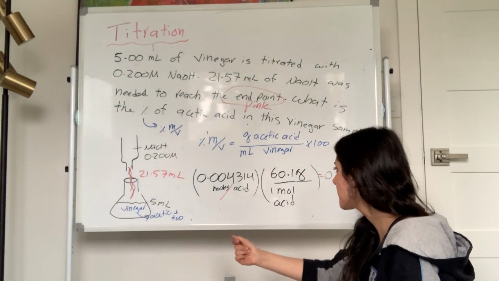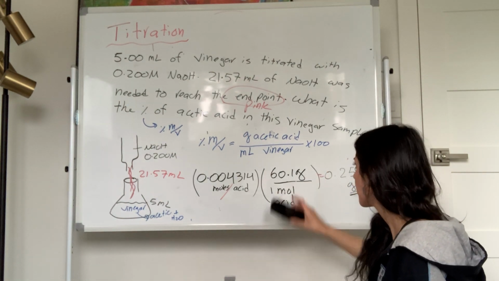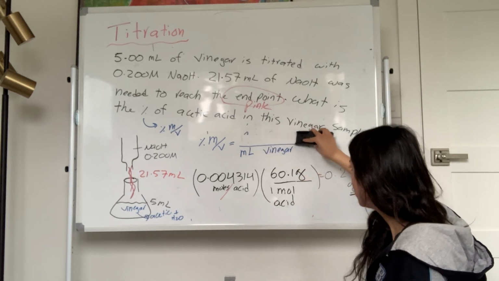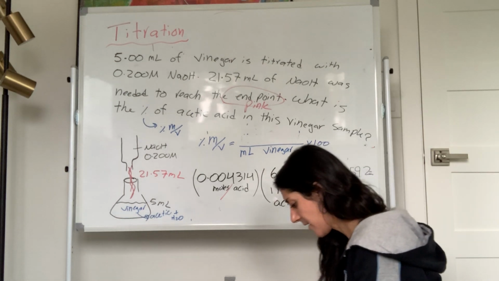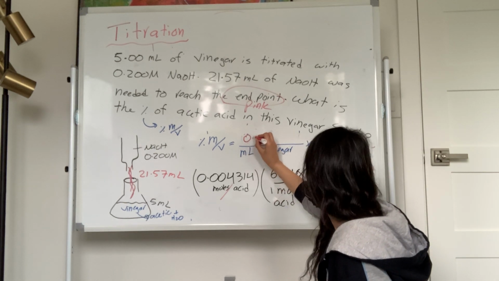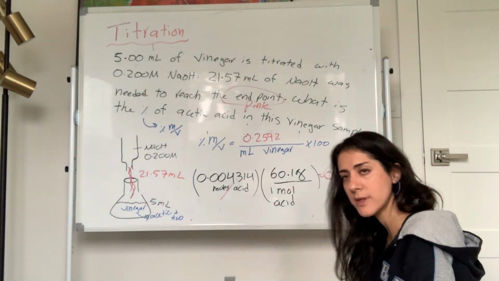So I had the moles of the acid times molecular weight. I get the grams of acetic acid. So I'm going to come over here. The grams of acetic acid, I know what to put over there. That number is right here, 0.2592. Okay.